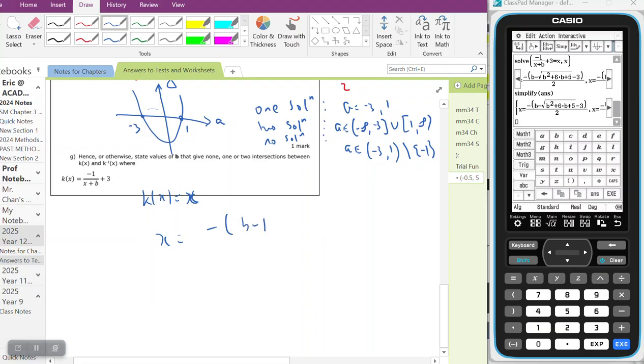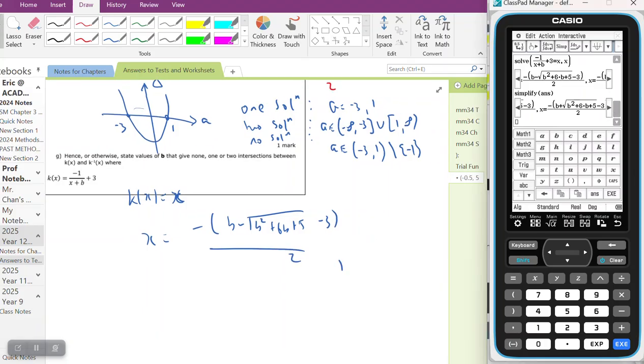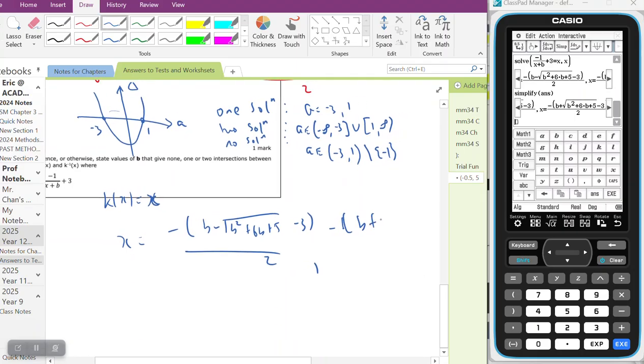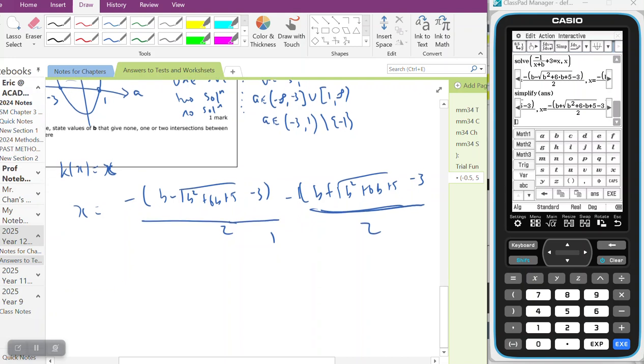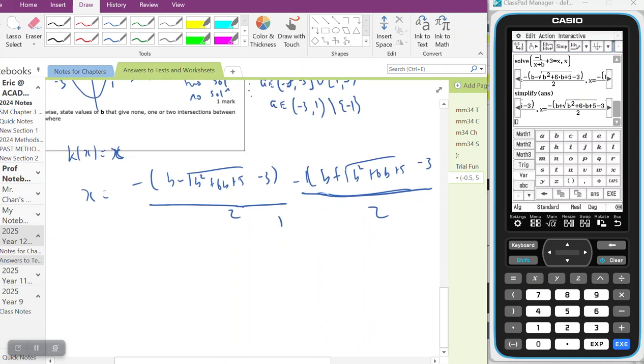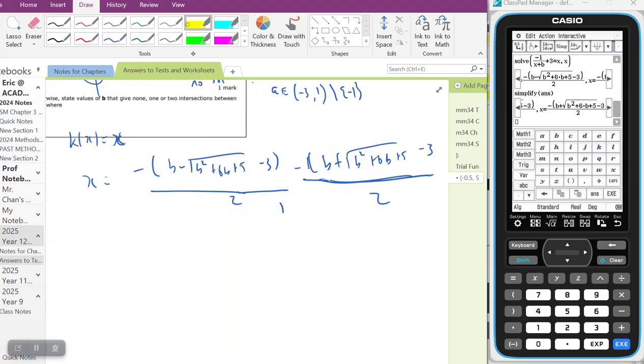Minus b, plus or minus the square root of b squared plus 6b plus 5, minus 3, over 2. Make sure your fraction extends beyond. Okay, over 2. And then I'm interested in the discriminant.